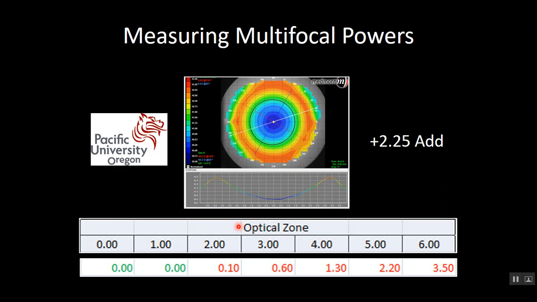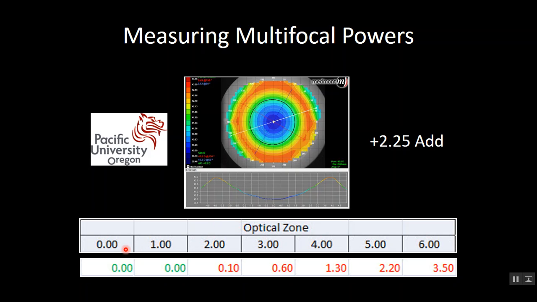Now, it's important to know what we're distributing within the pupil. And this study at Pacific University looked at if we built a patient a 2.25 add, what amount of power would they actually be achieving or receiving? So we used corneal topography to appreciate what kind of powers are distributed within the pupil.